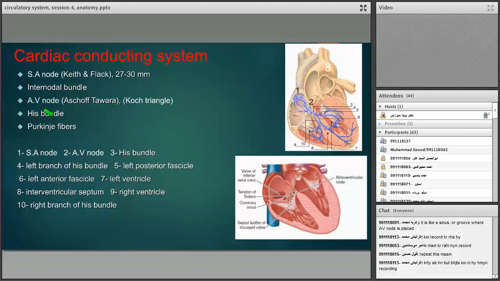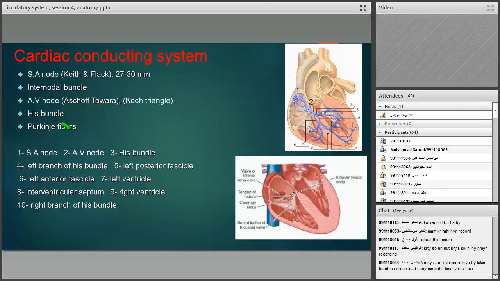After that we have the His bundles after the AV node, right and left, and at the end the branches are called the Purkinje fibers. The heartbeat will start from the SA node. Listen please. The heartbeat will start from the SA node.